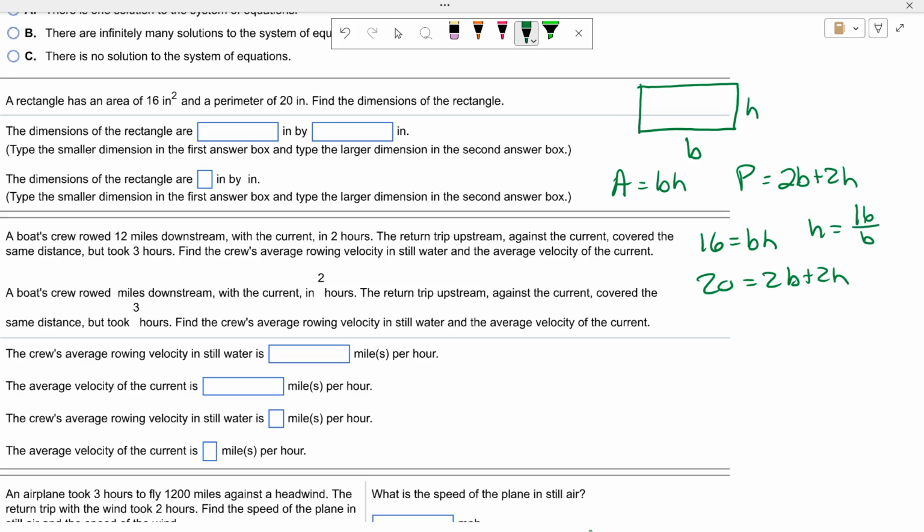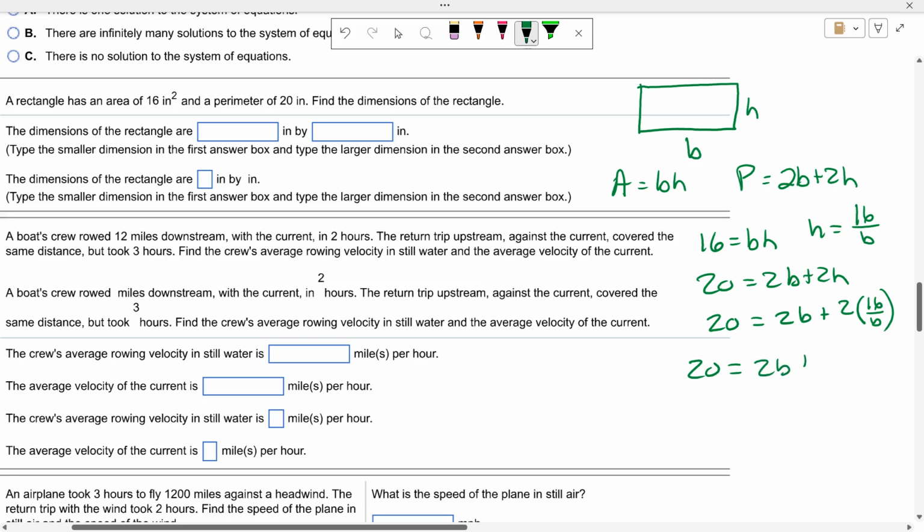If we divide both sides by B. So we say 20 equals 2B plus 2 times 16 over B. Or 20 equals 2B plus 32 over B.